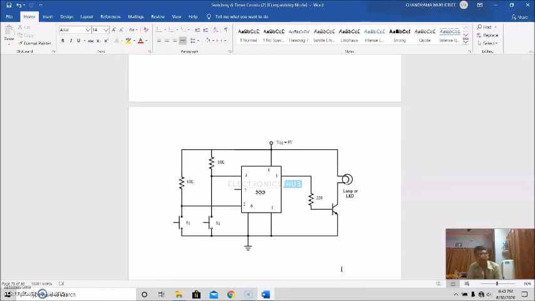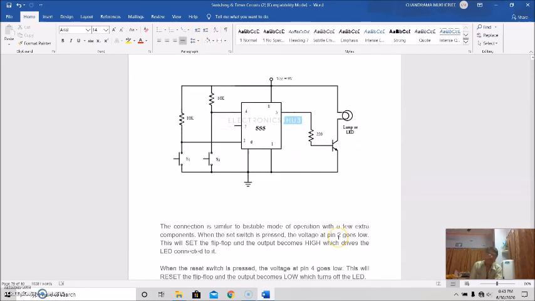And after that we have discussed the basics of the IC 555 timer and its use as astable, monostable and bistable multivibrator circuits. And in every case we have discussed their applications.